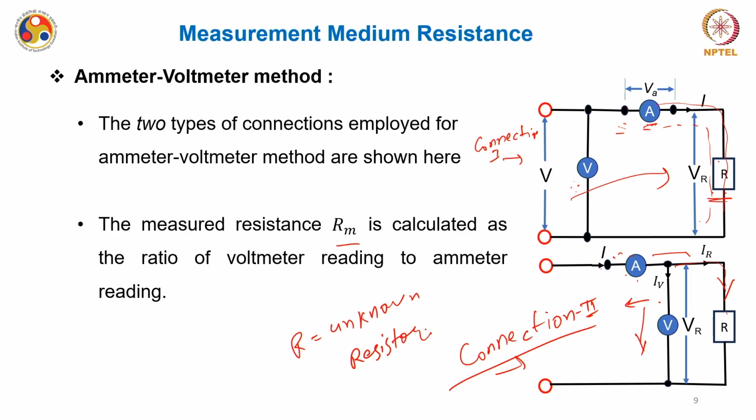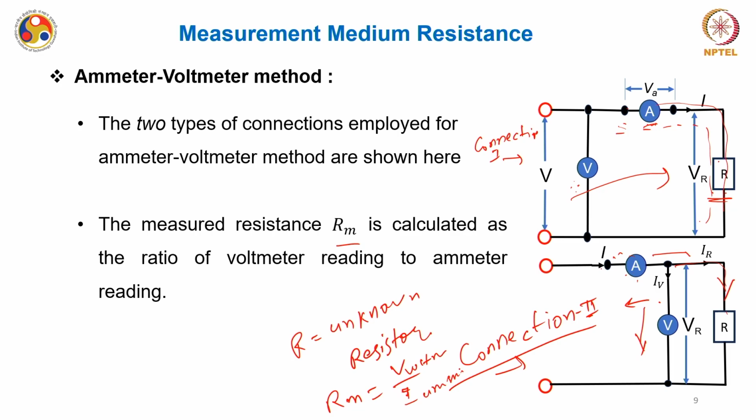What I am telling you is that the measuring resistance Rm is calculated as the ratio of the voltmeter reading, V voltmeter, to the ammeter reading, I ammeter.